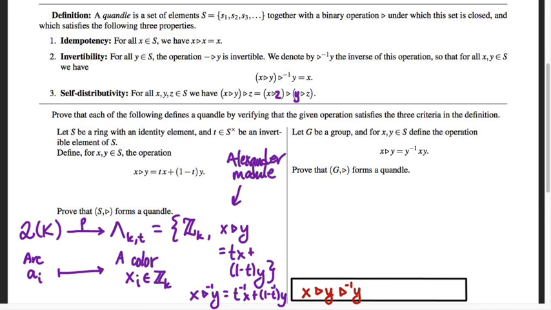let's actually work this out for a second to verify that this actually does what we think it will do for this particular type of realization of the quandle operation. So, let me put some parentheses in because it's not associative. X triangle y is going to be tx plus 1 minus ty. If I triangle inverse that with y, then that's going to give me, oh boy, I'm going to run out of space pretty quickly here.